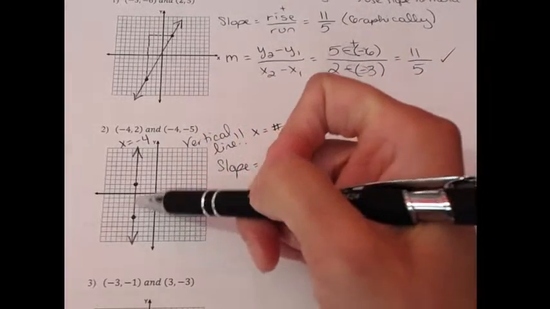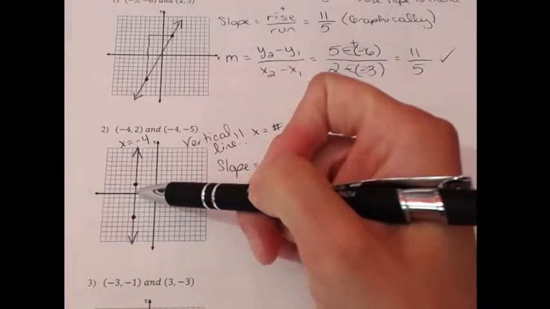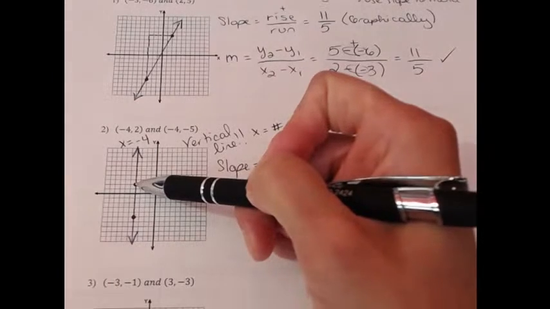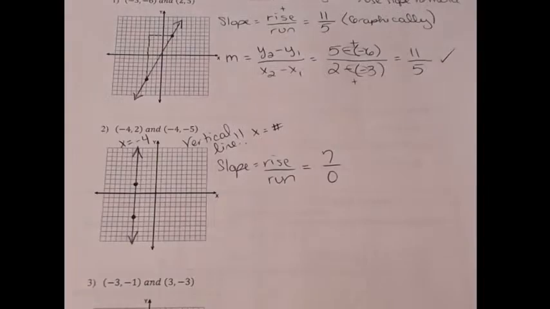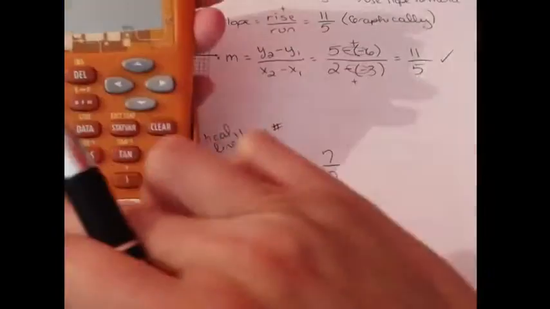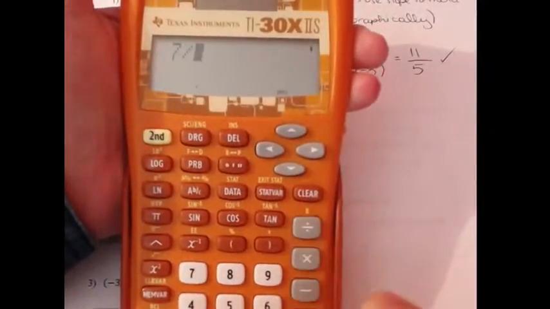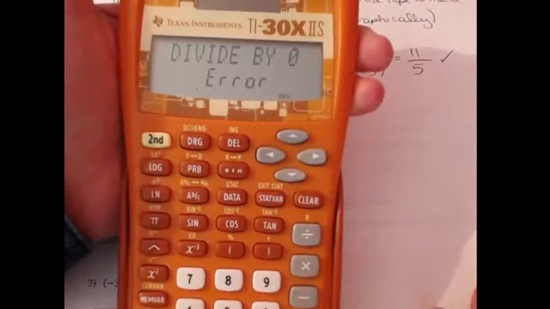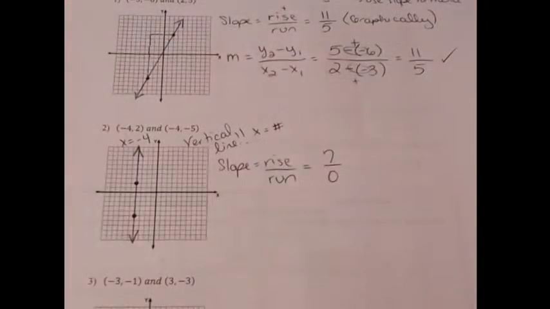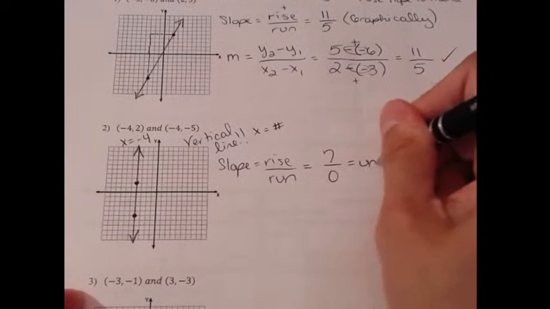But notice to get from this point to this point, all I had to do was rise. I did not have to run, which means my run is 0. If you took your calculator and you punched in 7 divided by 0, you're going to get error, which we know mathematically means that it is undefined.